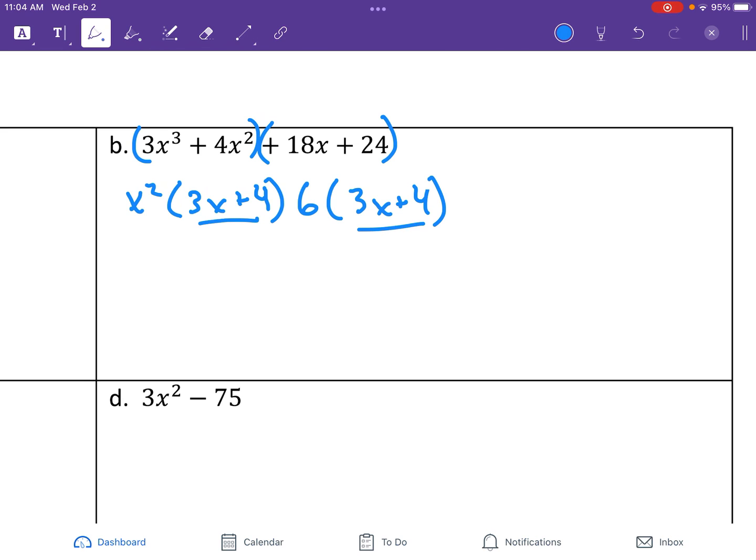Now these 2 things are the same, so that's a good thing for us. So we're going to have x squared plus 6 as our first factor, and 3x plus 4 as the second. Now in these types of problems, you do have to look for the fact that this part might be a difference of 2 squares. This is not. 6 is not a perfect square, and it's not a difference because it's being added. Okay, so this is your answer.